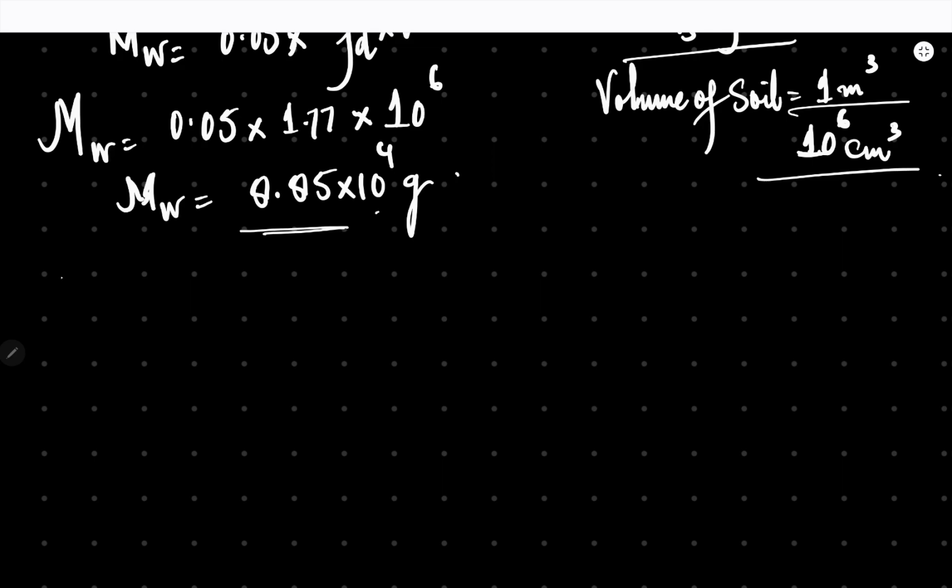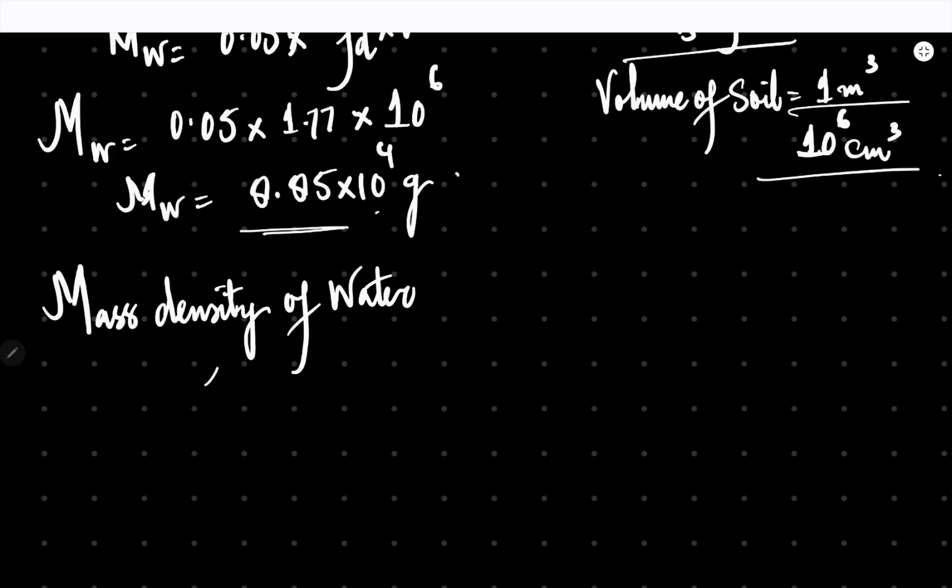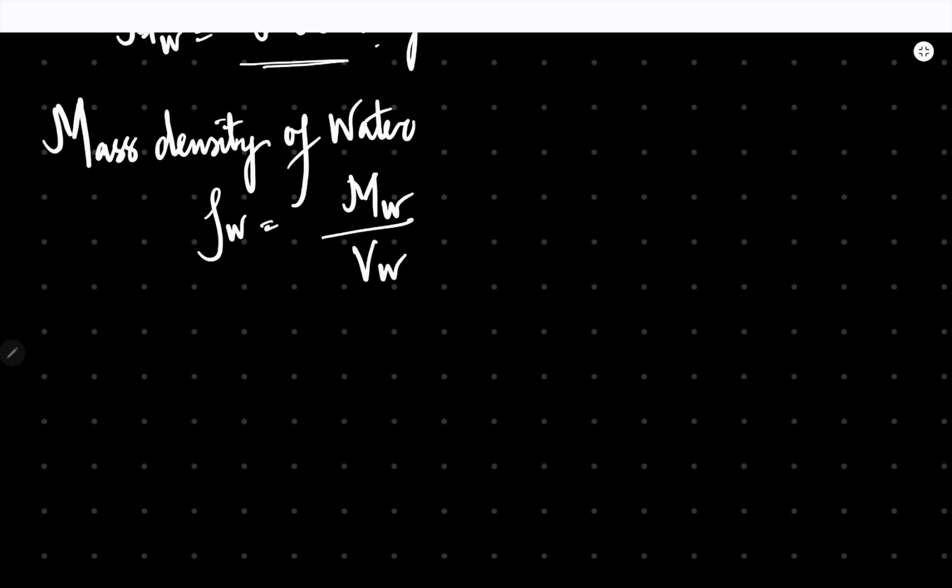Now I'll be calculating the volume of water. Volume of water is mass of water divided by density of water. All I am doing is calculating the volume.